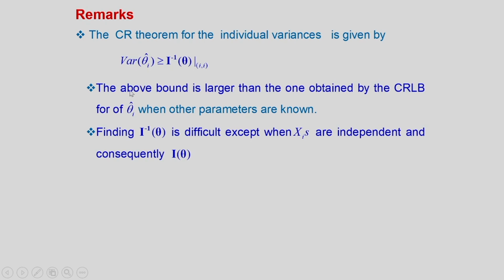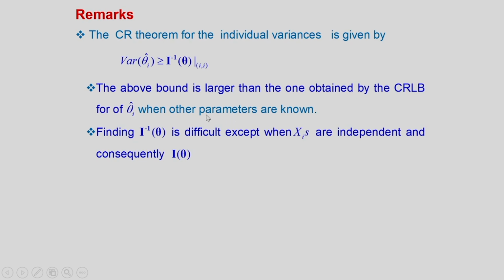The above bound is larger than the one obtained by CRLB for theta i hat when other parameters are known. For example, we can find individually the bound on the variance of theta i hat, assuming that the other parameters are known. In that case, we will get a lower bound. The bound obtained through this matrix is larger than what we get individually.